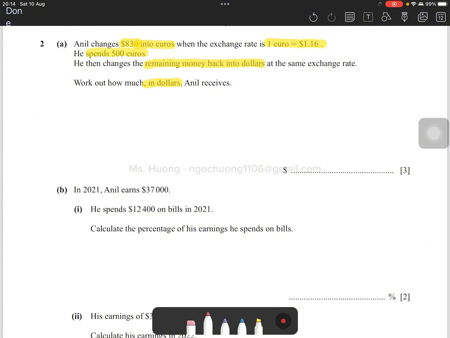So first, we want to convert $830 into euros. Then we need to divide 830 by 1.16 to get the number of euros. And then he spent €500, so this is the remaining amount of money.